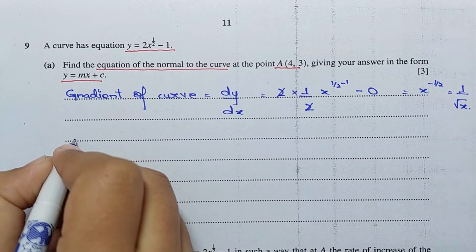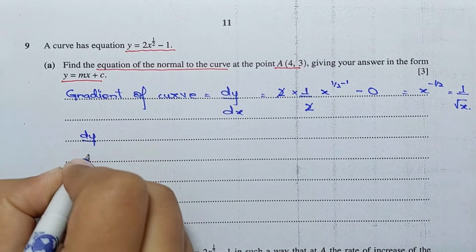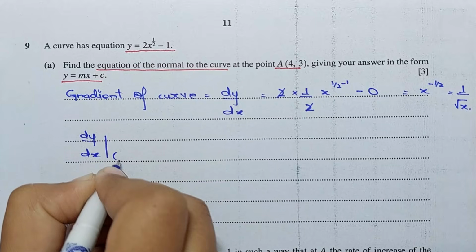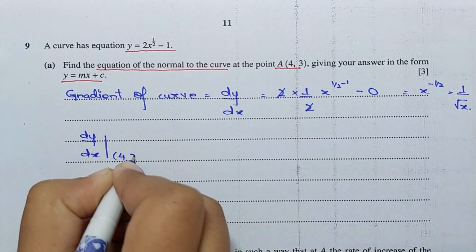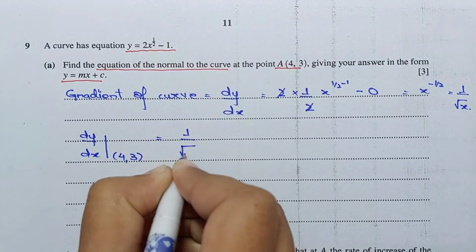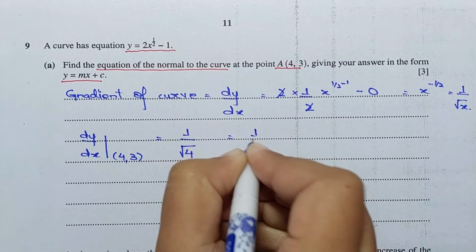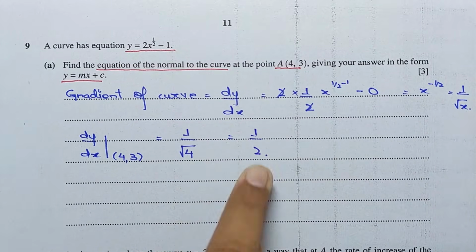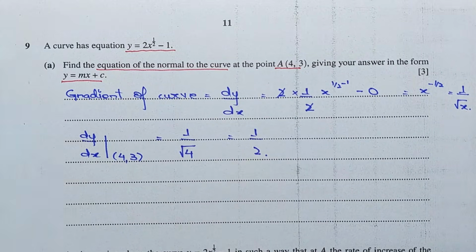Now what is dy over dx at the point A, which is (4, 3), when x is equal to 4? 1 over root 4, which is 1 over 2, right? 1 by 2 is the gradient of the curve.